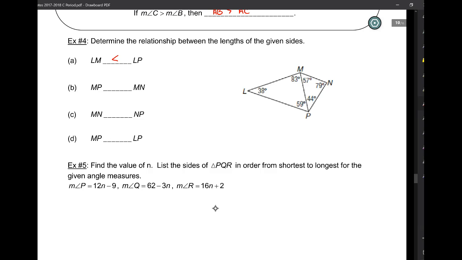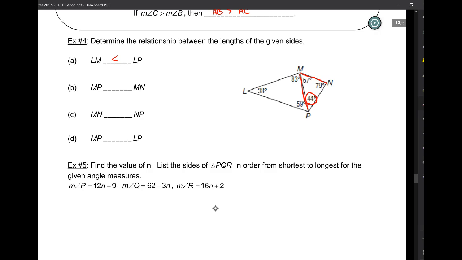Yes, you have a question? Did you say MP? Okay. The next one, MP, could be opposite two different angles. So when I'm looking at MP, I actually can't circle which angle I'm looking at until I look at the other segment. Because it's MN, I know I'm working with the triangle on the right.